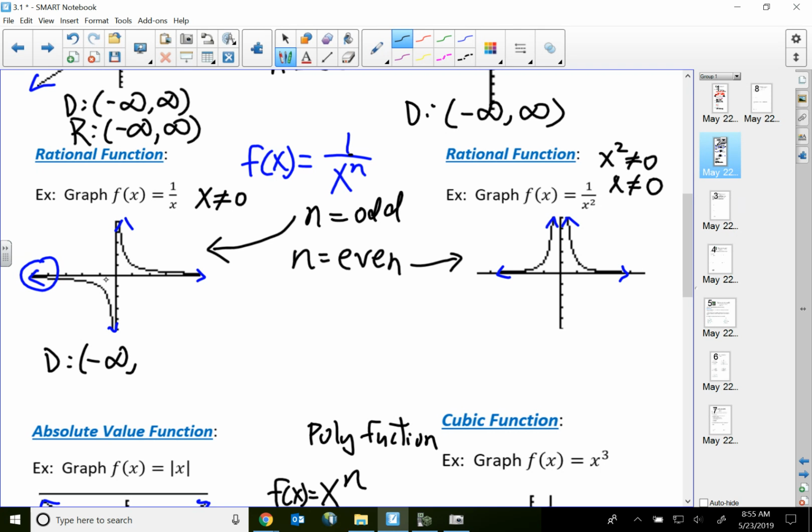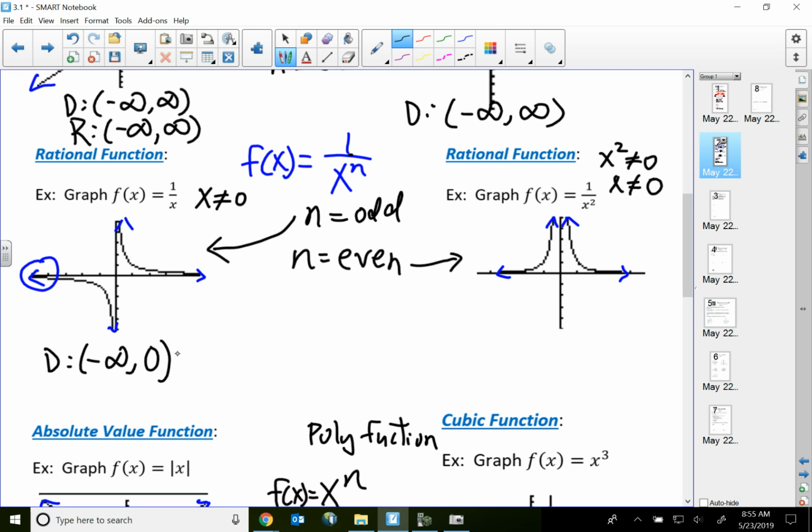It can be negative 0.00001, but it's not quite 0 yet. So my domain comes from negative infinity, approaching 0 but not including 0. That's why I put a parenthesis on the 0.